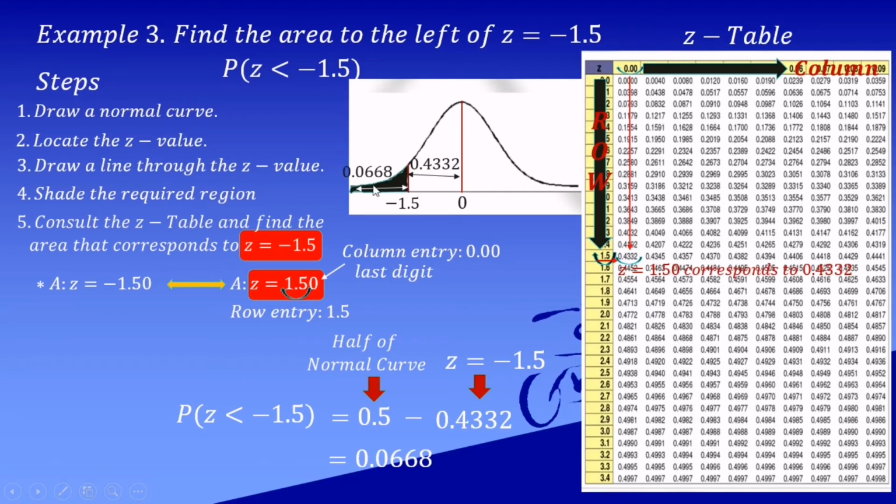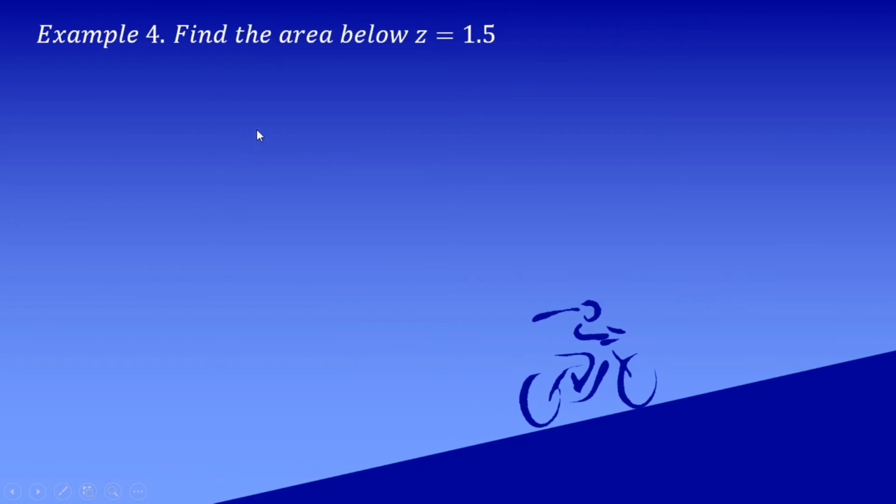Yan ang ating area ng shaded region. That is the required area to the left of z, which is negative 1.5, yung pababa, so the area is 0.0668. Example number 4, find the area below z equal to 1.5.